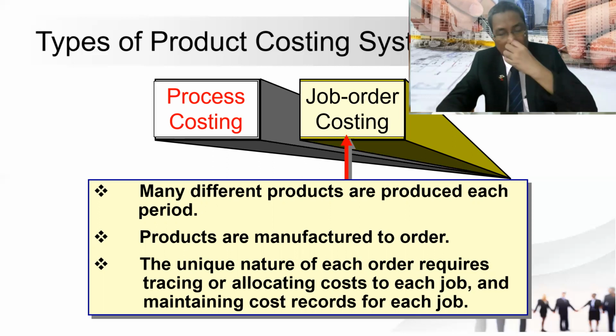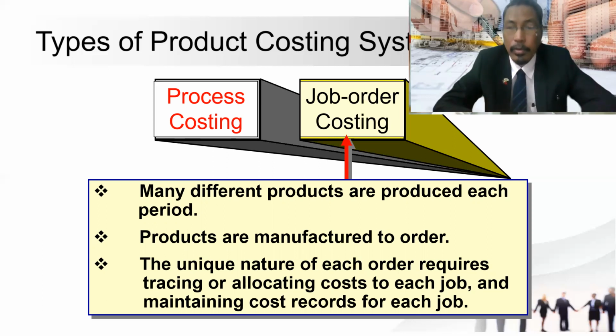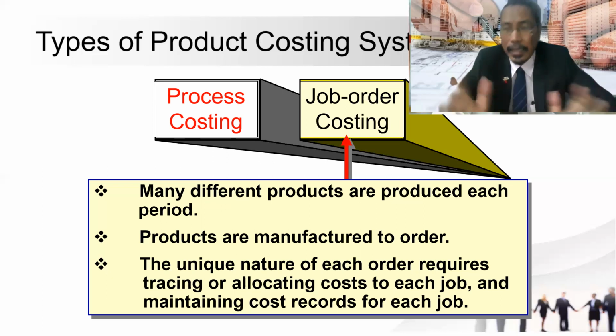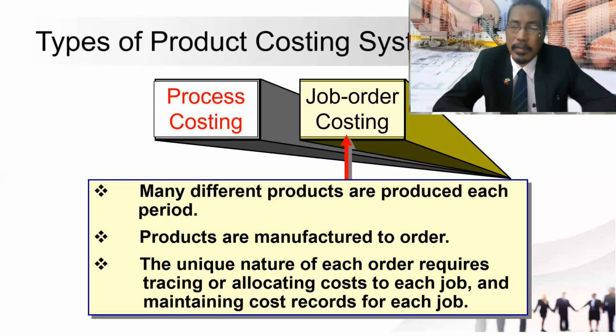Another thing, products are manufactured to order. That's why it is called job order. Made to order. Although in process costing they can also be by order, the bulk of the order is longer, for example per month or per quarter.